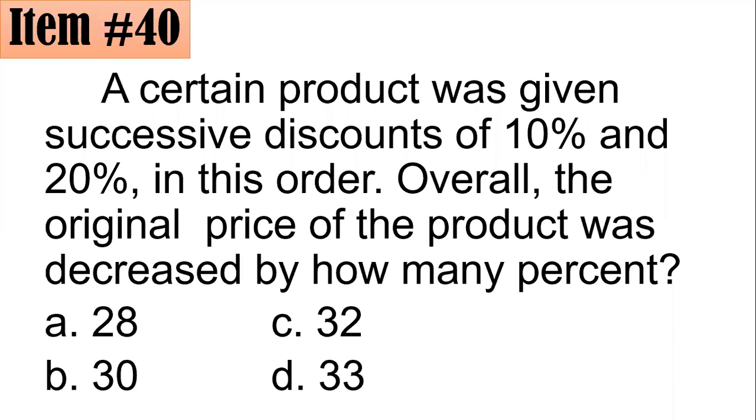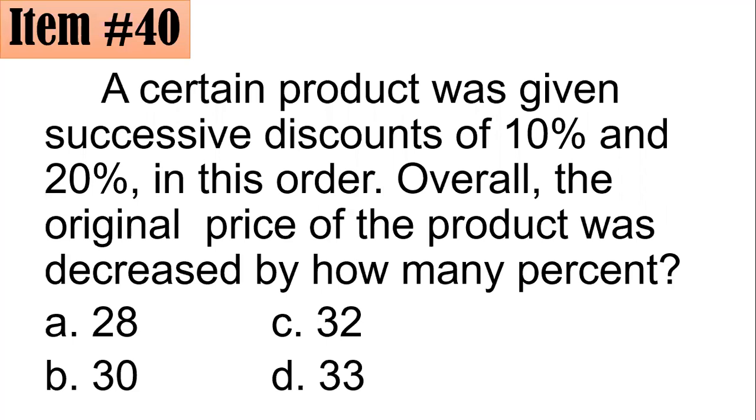Did you go for 28, 30, 32, or 33? Okay. So far, I have the answers of Sir Kim, Sir Freddy, Ma'am Catherine, Ma'am Patton, Sir Barry, Sir PJ as well. And they would give us 28, which is letter A. Same with Ma'am Mariel as well.